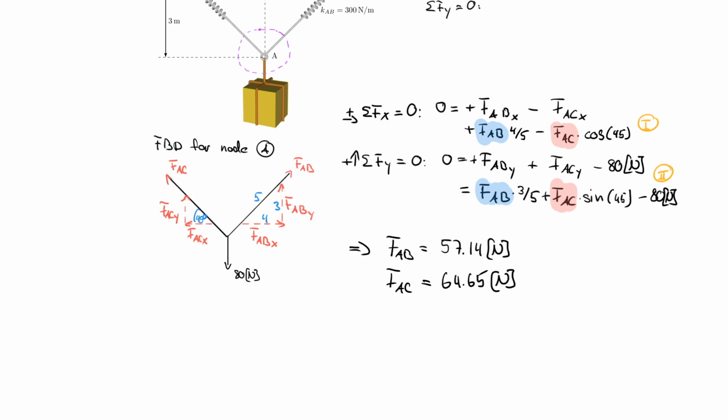That had a spring constant of 300 newtons per meter. Remember once again that S is equal to F over K. So the stretch in spring AB is the force FAB, which was 57.14 Newton, divided by 300 Newton per meter.